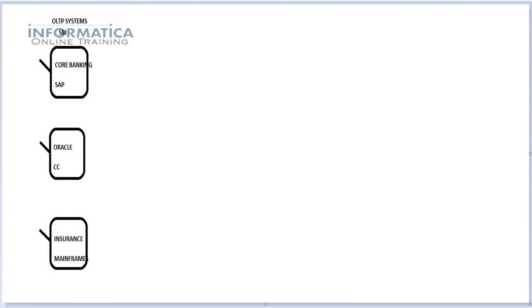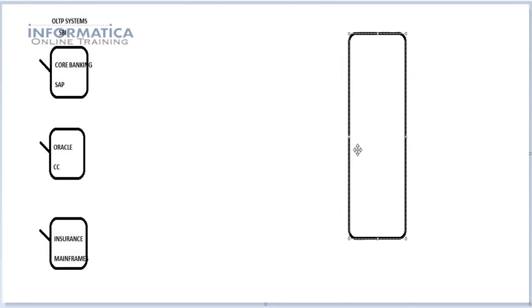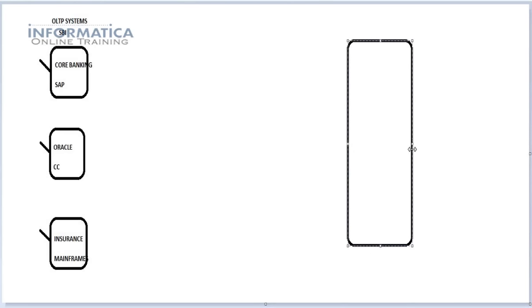When we talk about the data warehouse here, you are not going to directly enter the data into the data warehouse. There are different phases present between the OLTP system and the OLAP system.